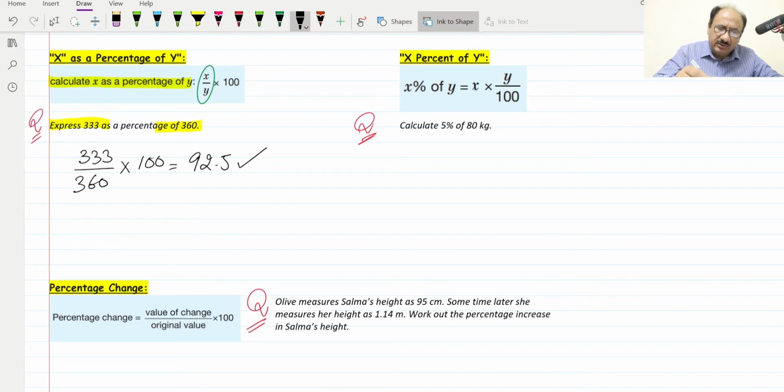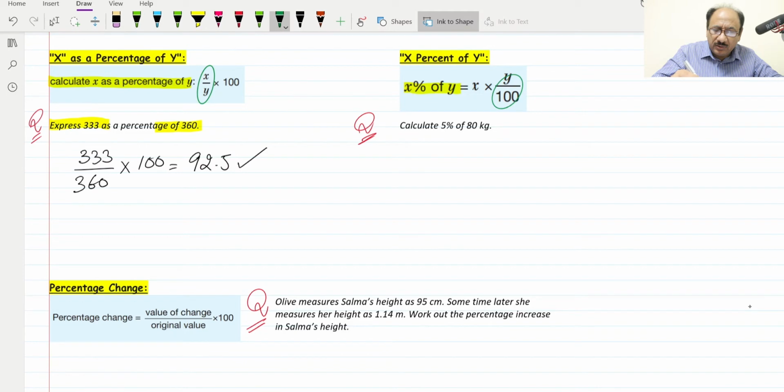Now similarly, it can be a situation that x percent of y. How will we find it? We will write x and then y over 100.